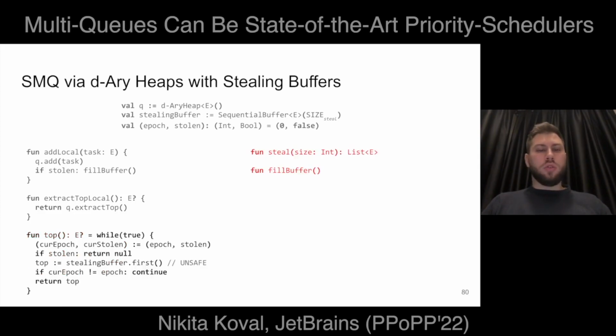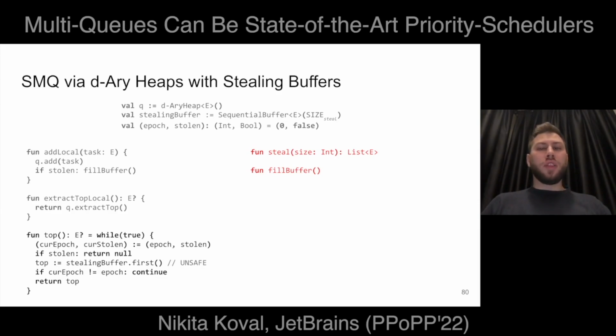Let's now discuss how the top function, which can be invoked concurrently with the add local and extract top local requests, can be implemented. In our solution, we first of all read the epoch and the stolen flags, and we never access the underlying DRE heap. We always read the stealing buffer.